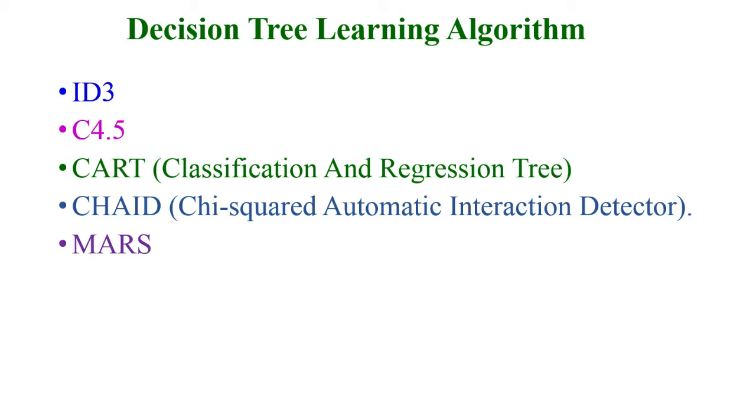CART is the Classification and Regression Tree algorithm. CHAID is the chi-squared automatic interaction detector. This algorithm performs multi-level splits when computing classification trees. The MARS algorithm extends decision trees to handle numerical data better.